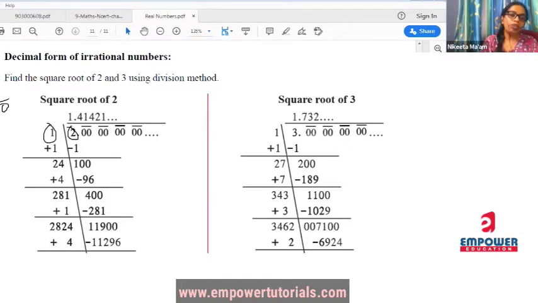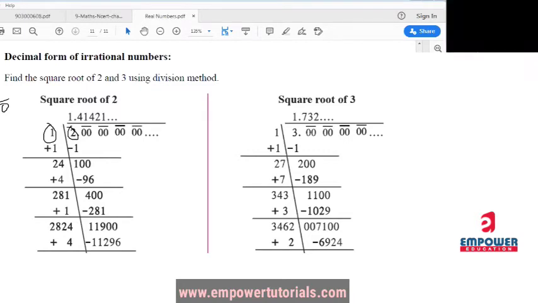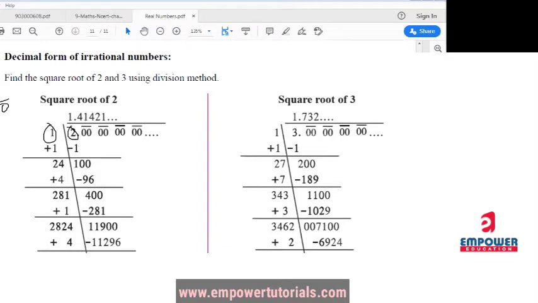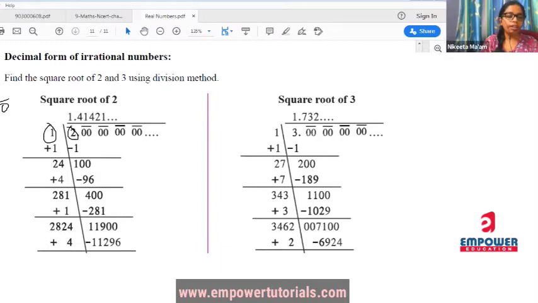But in case of 5, the perfect square is 4, which is less than 5. But we are not going to take 4 over here. We are going to take 2, the square root of that number. So make sure that you are taking the square root of that number over here and not the perfect square itself. That's the difference.